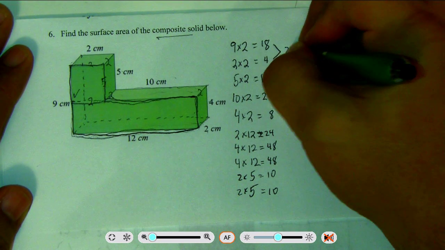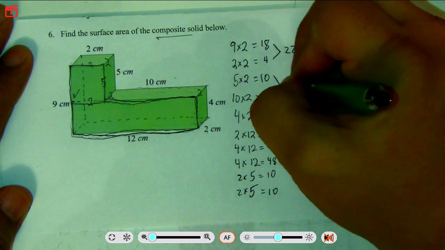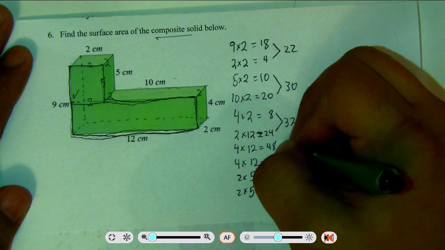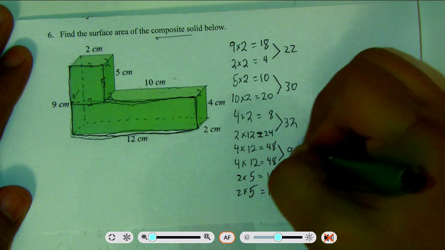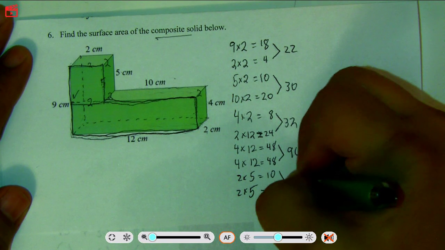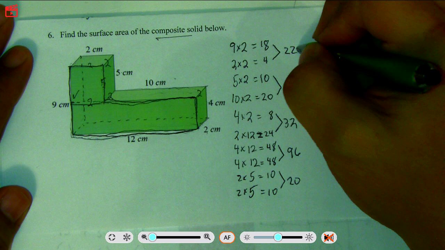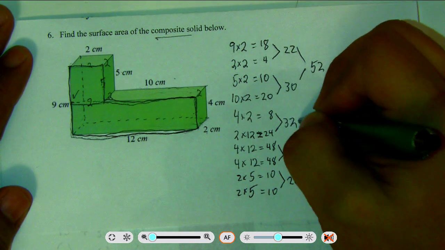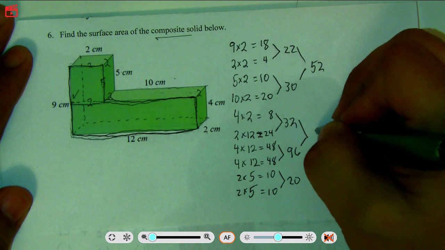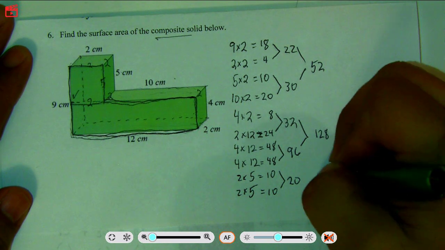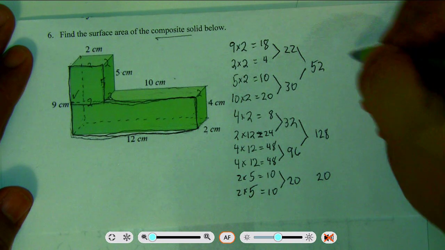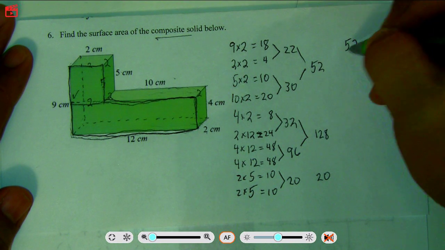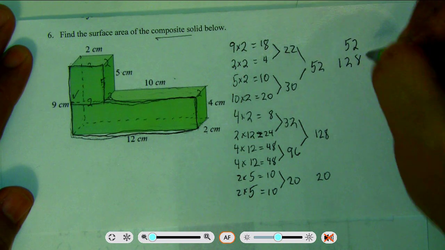So this is 22, 30, 32, 96, 20, 52, 128, and 20. So that's a fairly reasonable column of numbers to just go over here and add up.